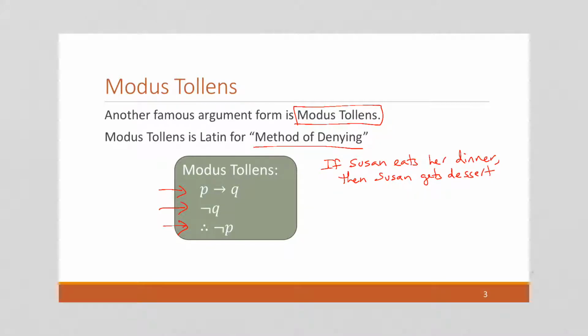This is the mom and me talking. Susan does not get dessert. What can we conclude? Well, we can conclude that Susan did not eat her dinner.